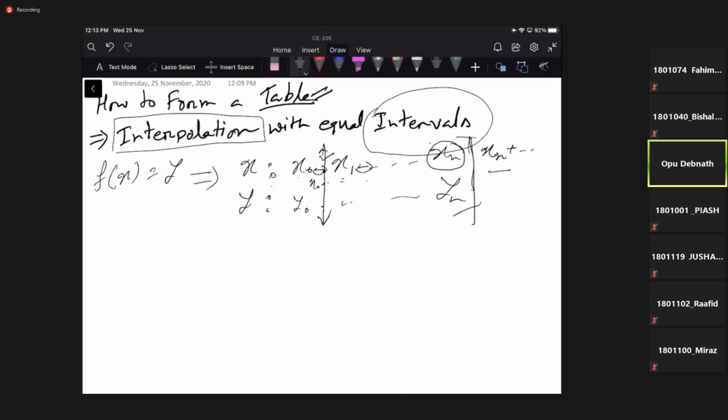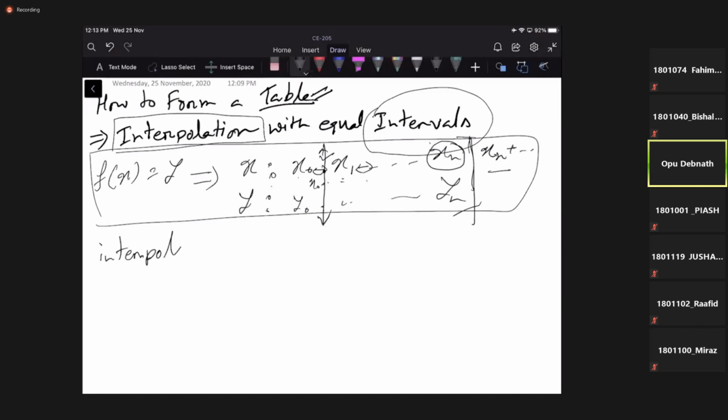To do so, we need to form an interpolating function or smoothing function. We first form an interpolating function, and in that function we put the desired x value to find the y value. That means y is equal to f of x, a function of x.